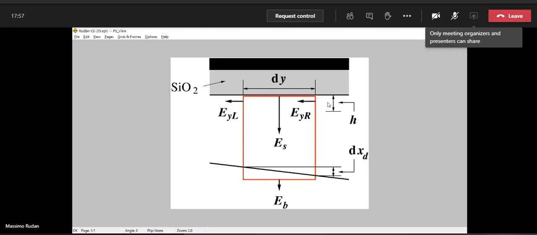Now you remember how we calculated the charge in the semiconductor when we were considering the MOS capacitor. We used the cylinders, cylinder 1, cylinder 2, cylinder 3.